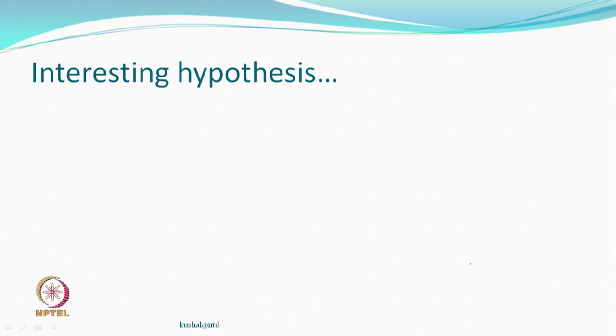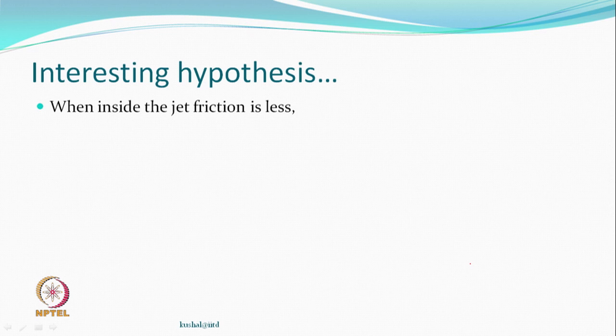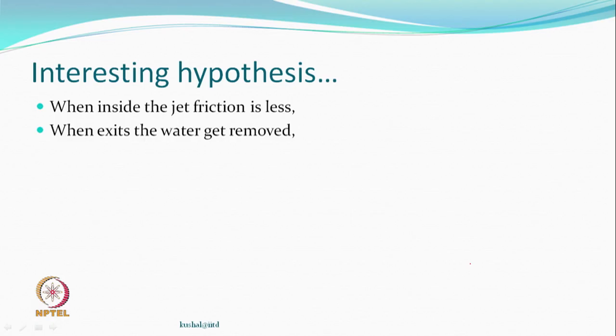An interesting hypothesis also was that inside the jet the friction would be less, because yarns are touching and may have to move relative to each other, and because there is a water film, the friction would be less. And when it exits the jet, the water gets removed from the surface and sprayed outside the jet, where it is collected and drained off.